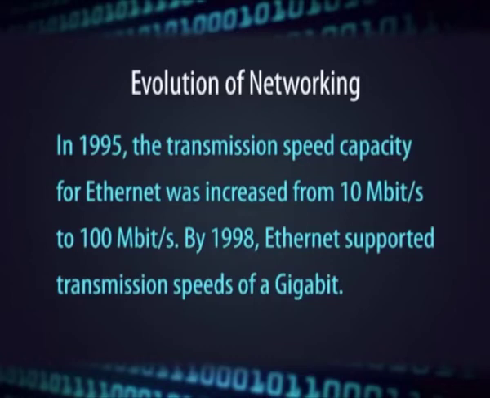By 1998, Ethernet supported transmission speeds up to a gigabit. The ability of Ethernet to scale easily, such as quickly adapting to support new fiber optic cable speeds, is a contributing factor to its continued use today. So, this is how the evolution of computer networking took place and still continues today.